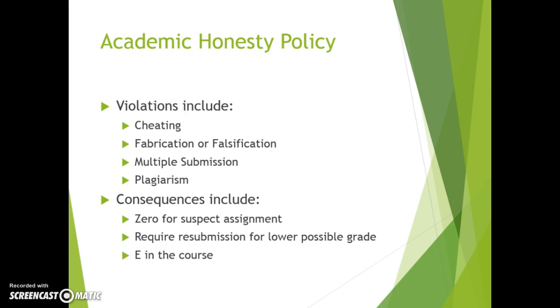I might require you to resubmit the assignment without any plagiarism issues or any potential violations in them and receive a lower grade. Or if it's what would be considered an especially egregious violation, you would end up with an E in the course. This is very serious.